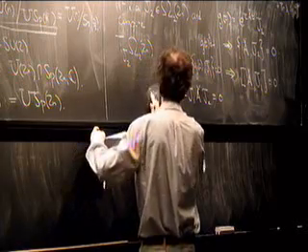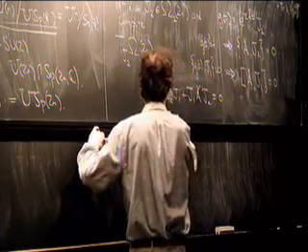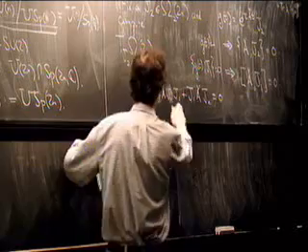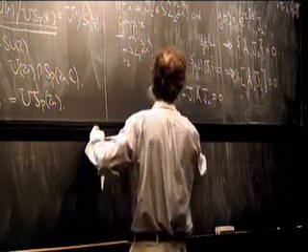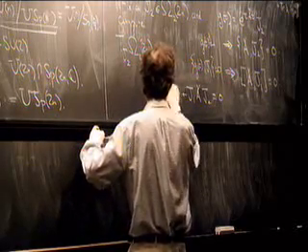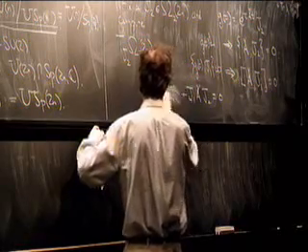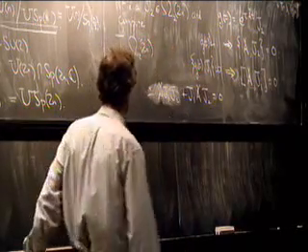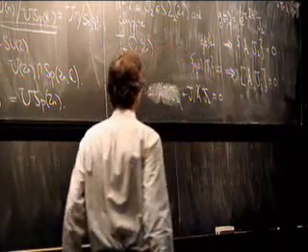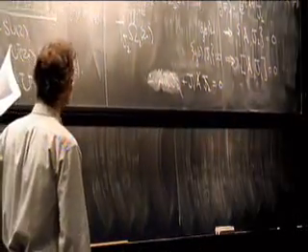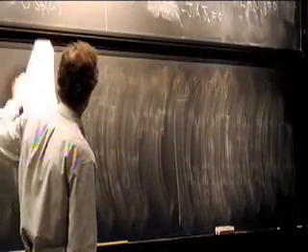Oh, whoops, I didn't want to do that. Let me put that back like that. I can bring the j2 to the right. That's what I want to do. I get a check j1 j2 with a minus sign. The j2 is invertible, and so I see that a check commutes with j1.